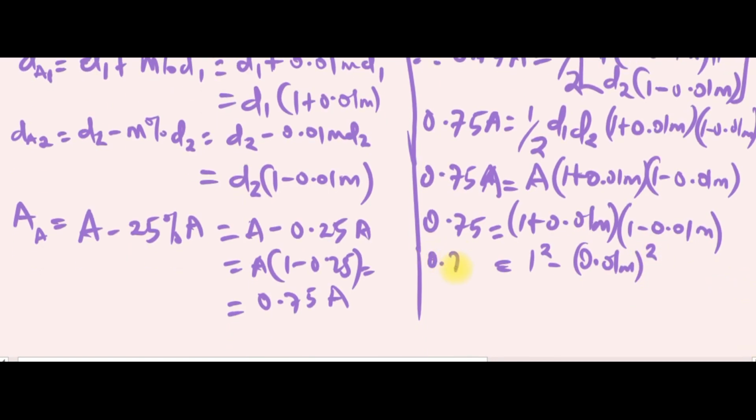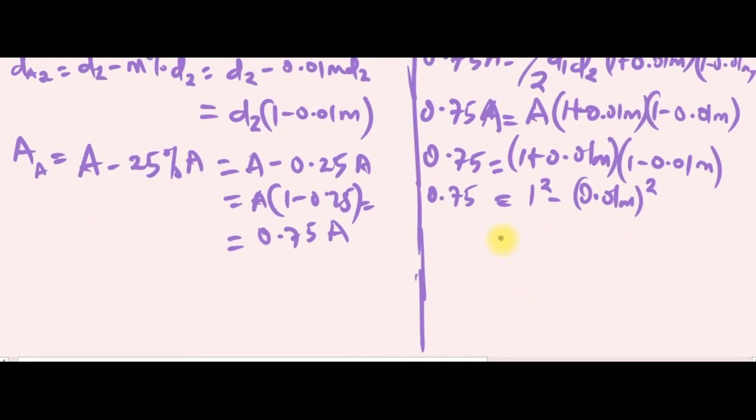So 0.01 m all squared equals 1 minus 0.75, and 1 minus 0.75 is 0.25.